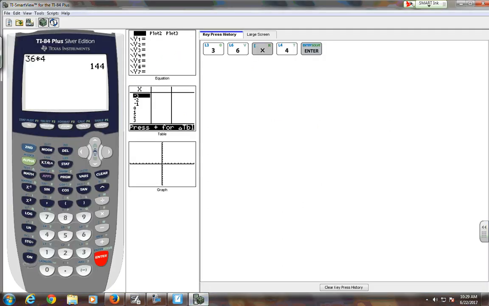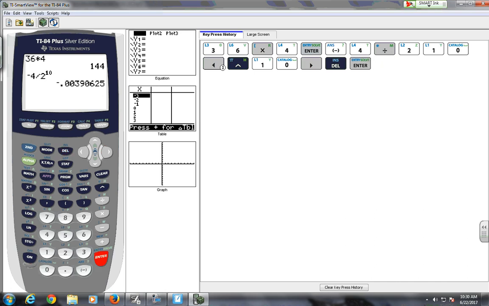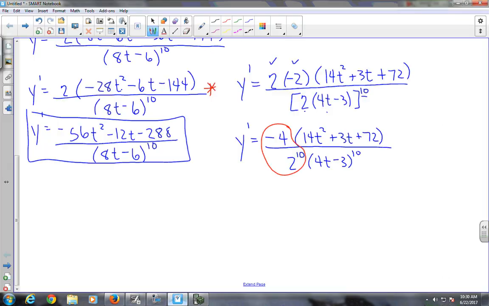Let's see if our calculator will be of any help in simplifying that number. Negative 4 divided by 2 to the 10th power. Turn it back into a fraction: negative 1 over 256.